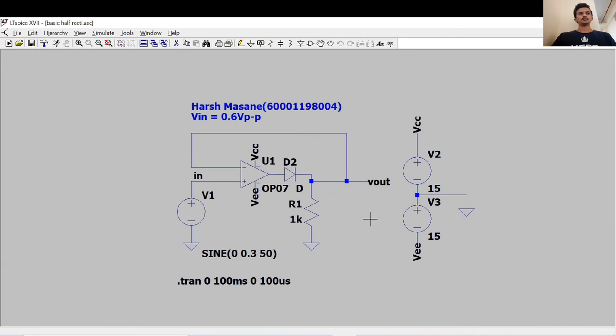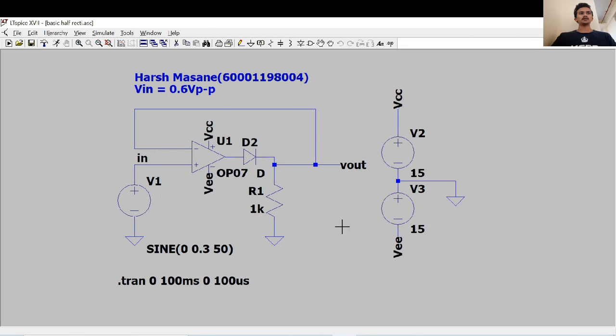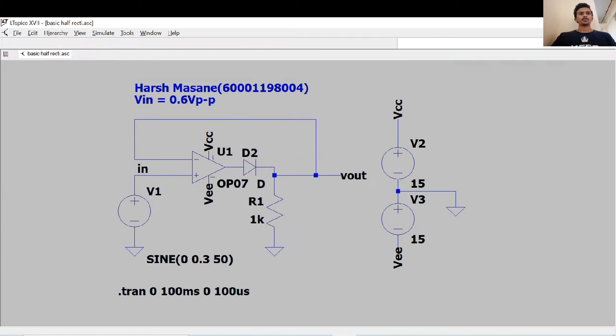So this is my basic half wave rectifier. Here I am giving the input as 0.6 volt peak to peak, and let's see the output. So let's simulate it.